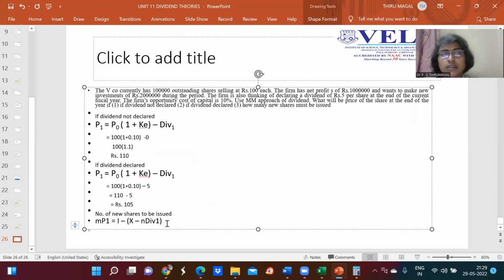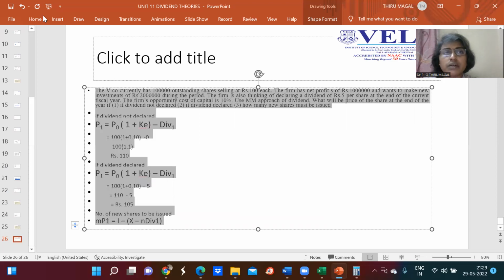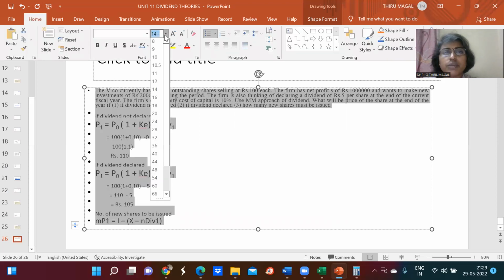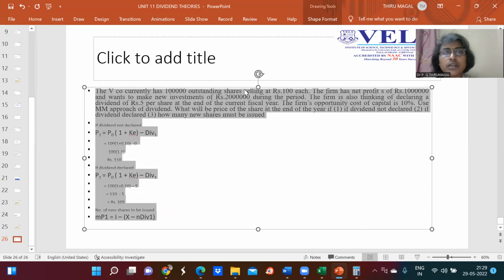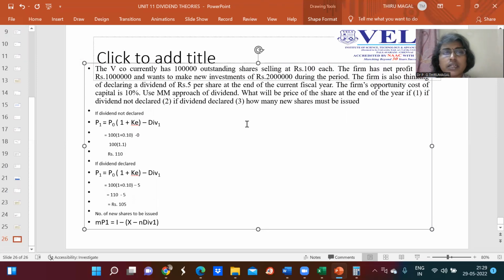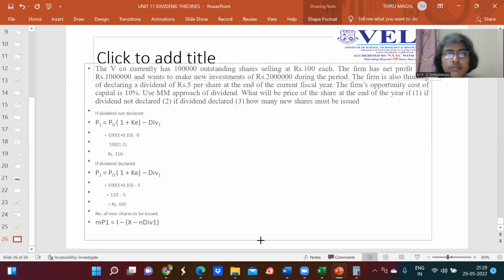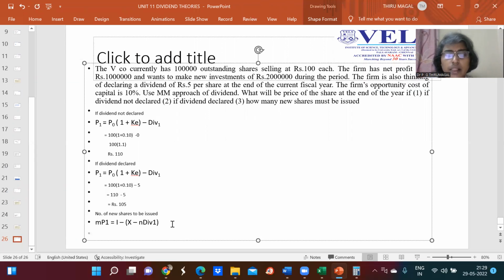Then the last one is, we need to find out how many new shares are to be issued by the company if it wants to make an investment. So we need to find out this M value.